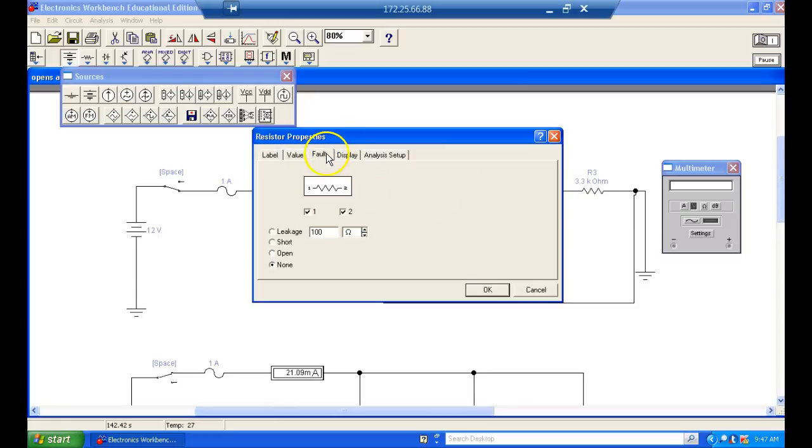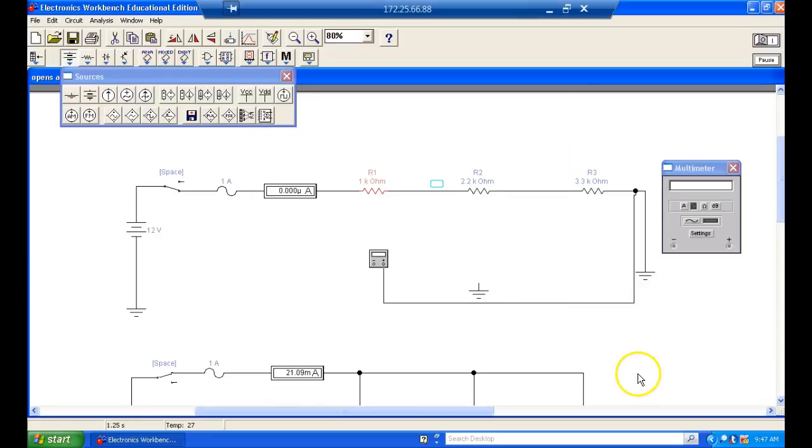So let's open this. So now we have an open. This tells me it's there. And notice when I come over here and look at the other devices in my circuit.